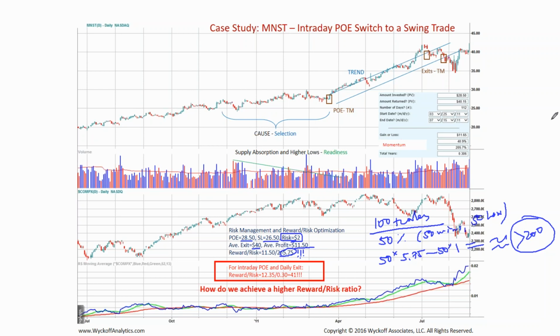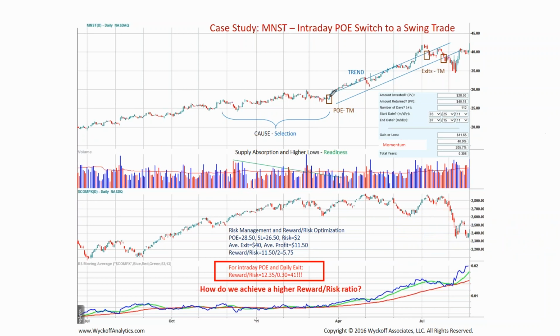Now, for the intraday entry, on the same day, if we would consider an intraday entry and increasing the size on the intraday entry and keeping this by the end of the day, our reward to risk ratio would be 41.